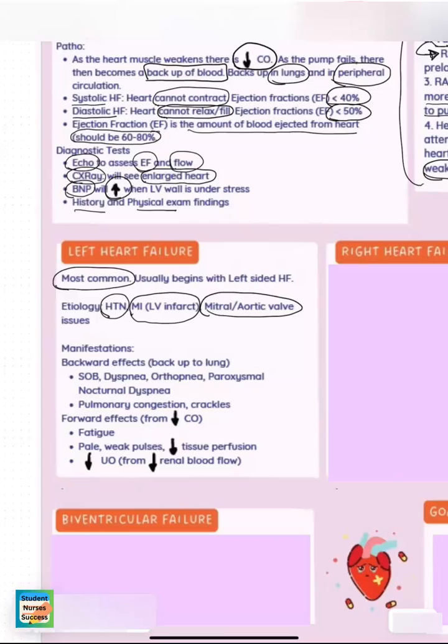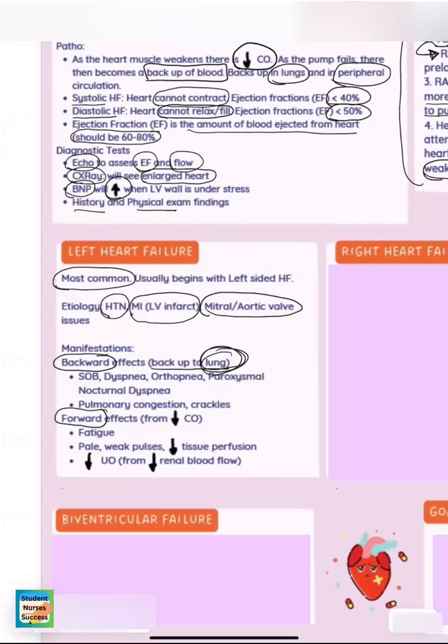With left heart failure, we see two different manifestations. We see something called backward effects and something called forward effects. The backward effects are from the backup of fluid. So if the pump can't pump, it starts to back up in the system. The first backup on the left side tends to be into the lungs.